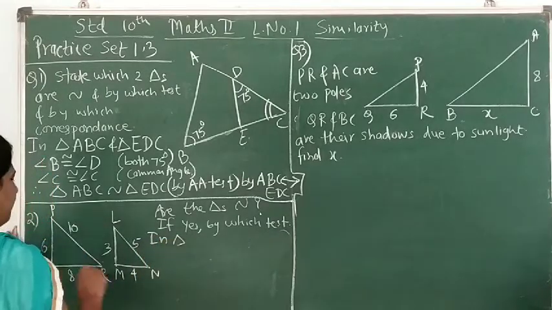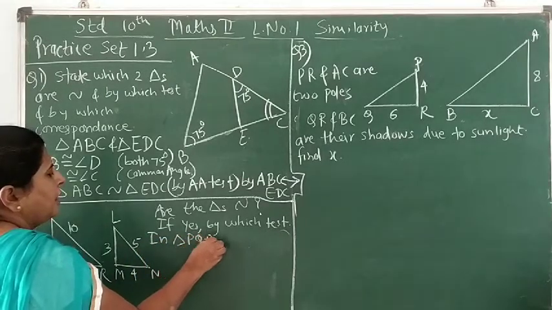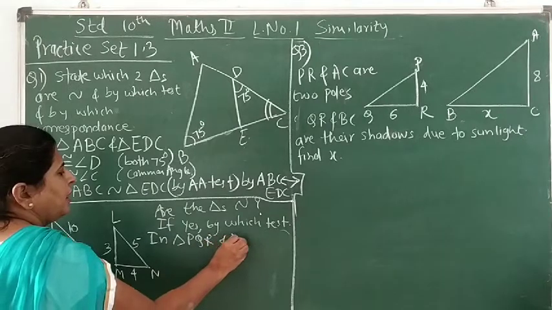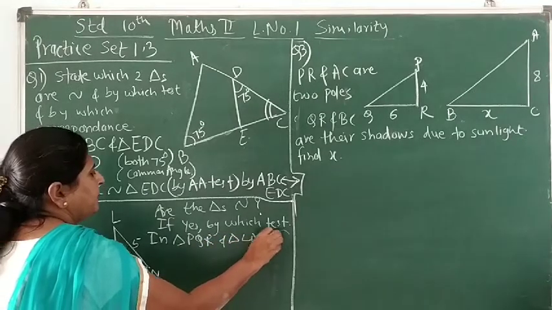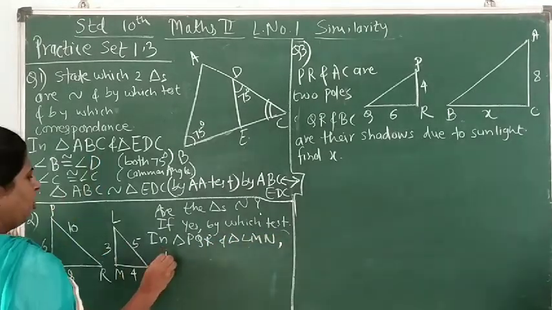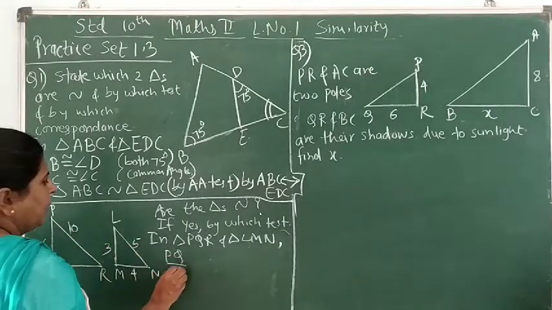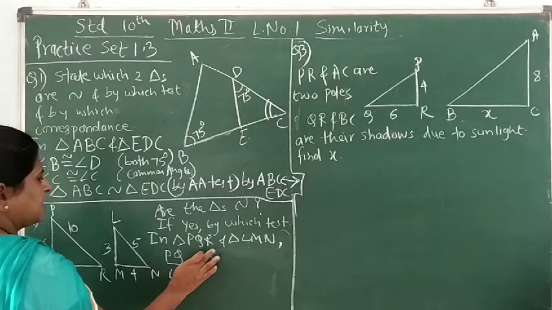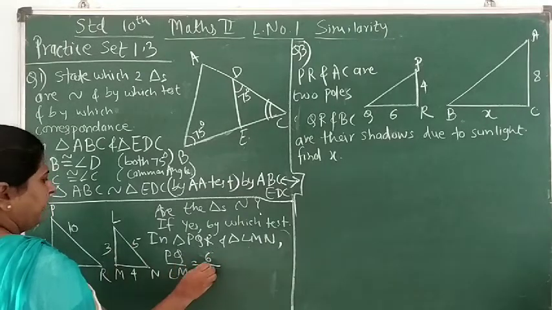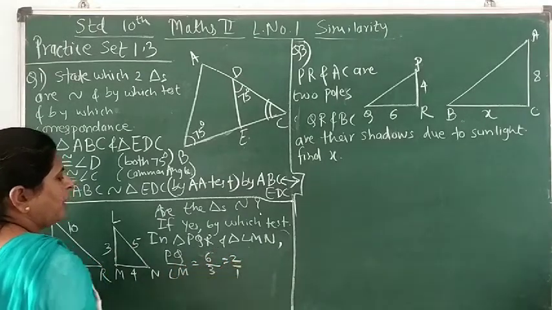So in triangle PQR and triangle LMN, what is PQ upon the corresponding LM? This is equal to 6 upon 3, which is equal to 2 upon 1.